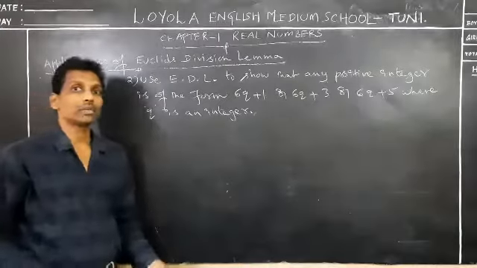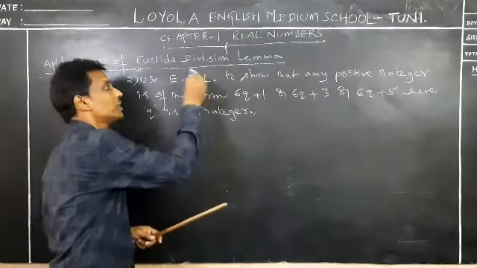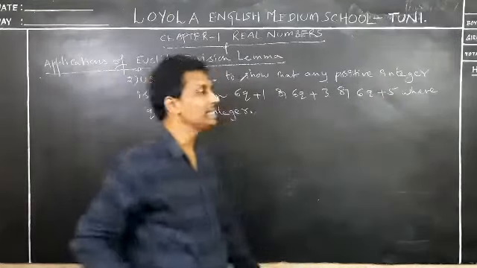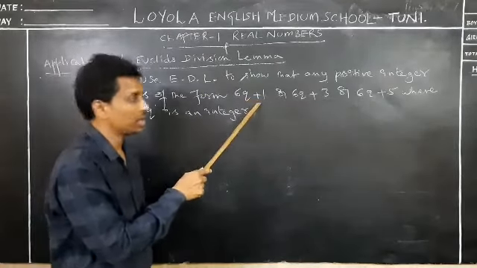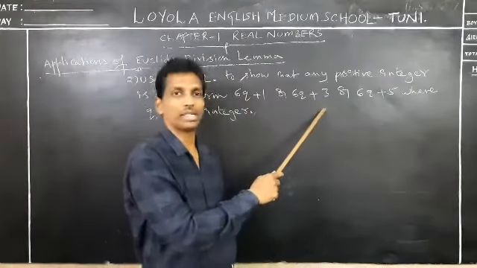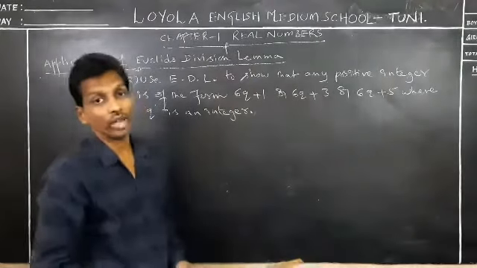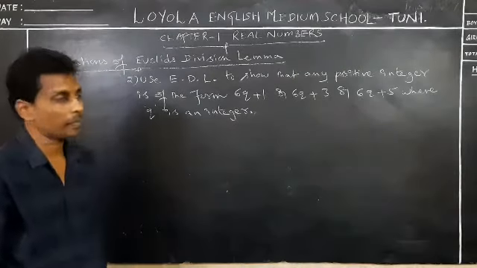Let us go to the second problem. Use Euclid's division lemma to show that any positive integer is of the form 6q plus 1 or 6q plus 3 or 6q plus 5, where q is an integer.